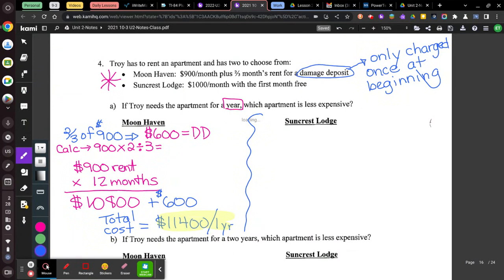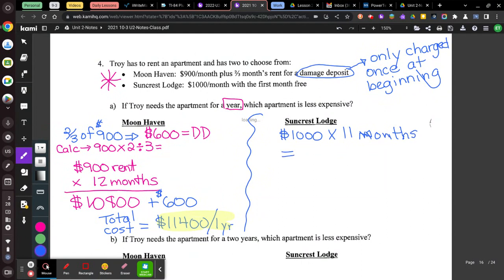All right, Suncrest says you're going to pay $1,000 a month, so it's a little bit more expensive, but I'm going to give you a free month. So instead of paying for 12, how many do you pay for? 11, good. So now we're going to get $1,000 times 11 months.